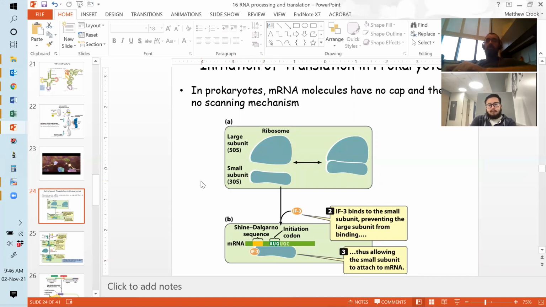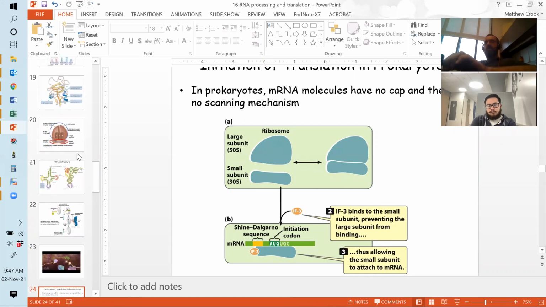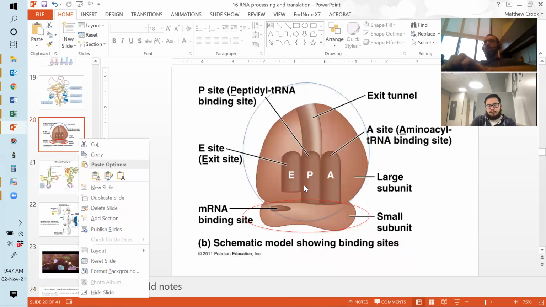So actually for both prokaryotes and eukaryotes, the large subunit is what assembles last, right, in both processes. Okay, so again, as soon as that mRNA pops its head out of the RNA pol, the small subunit can bind to it, right? So it binds directly onto the start codon. And key point is this start codon, when assembled, and this is actually similar in some ways to eukaryotes, will be in the P site.